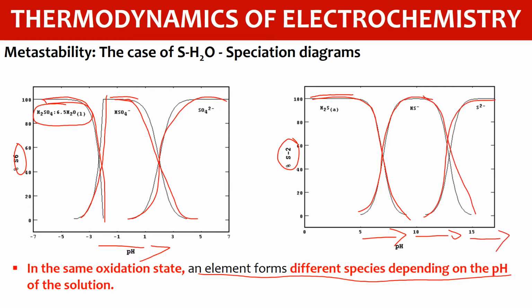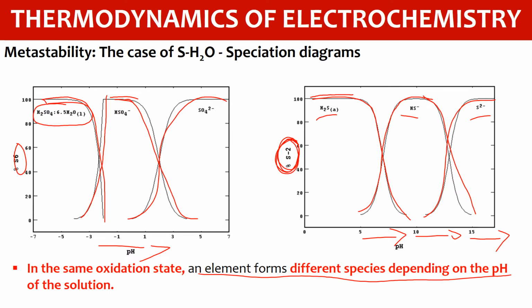This is very important, because you need to know what species are formed by S2-. You can see that it forms different species altogether, even in the same oxidation state.